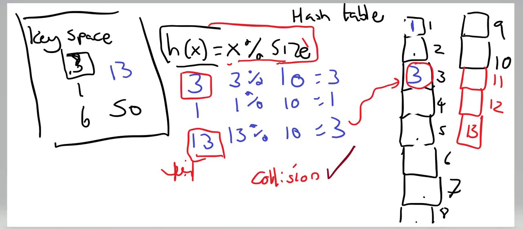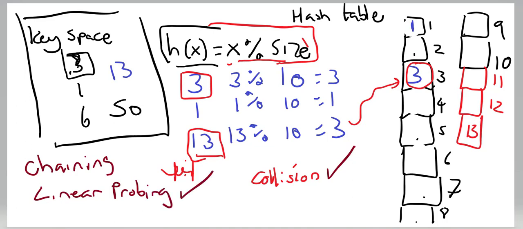One of these ways is called chaining. This is not what we're going to be looking at. Another way is using a linear probe. This is what we're going to be looking at.